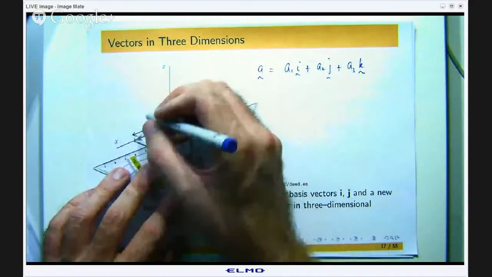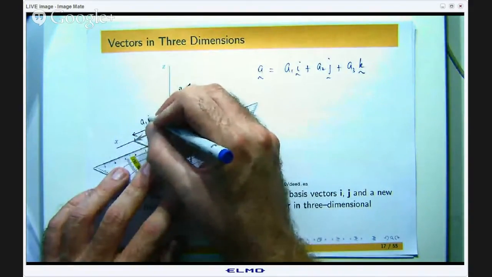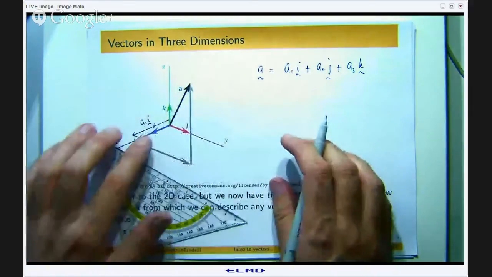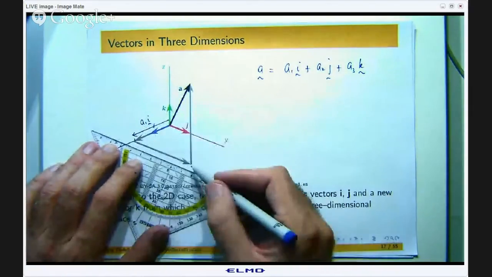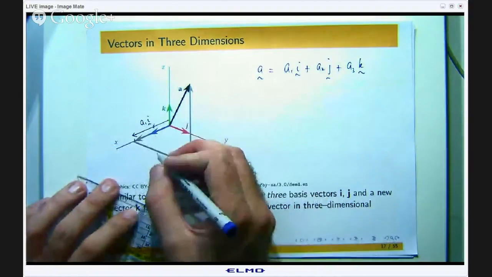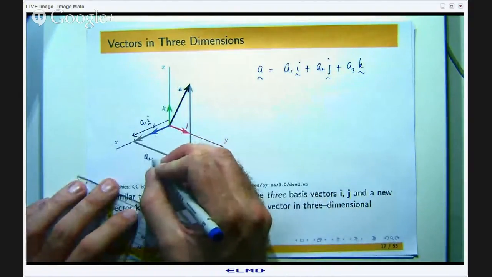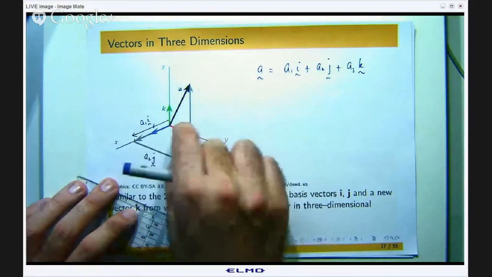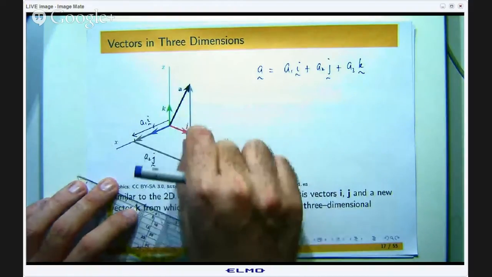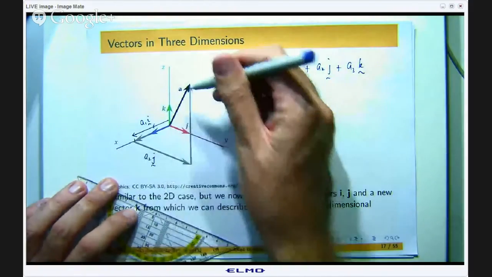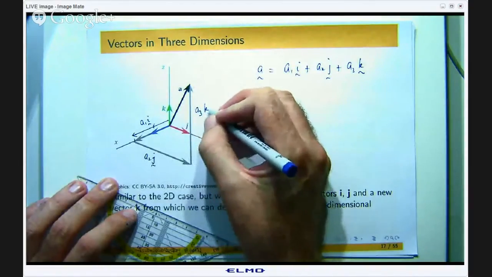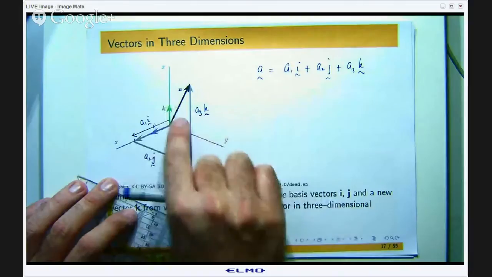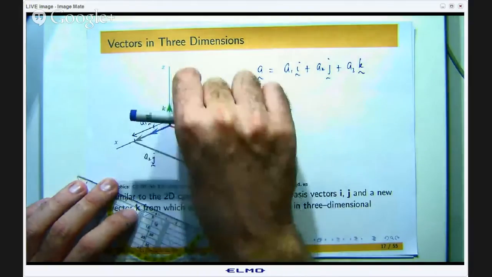This vector here is just A1 times the basis vector i. This vector here would be A2 times the basis vector j. In this picture, this j has just been stretched. And this vector here would be A3 times k, because this vector here has just been, again, moved down here and stretched.